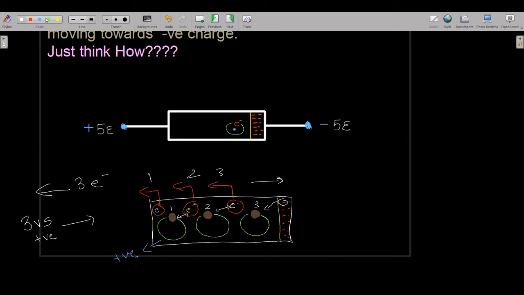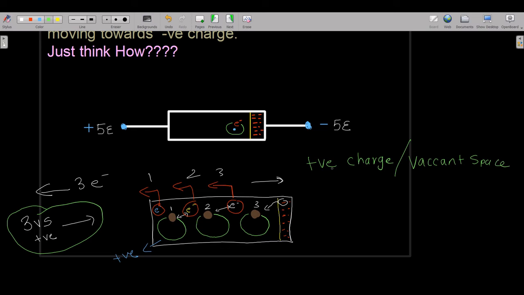And this positive charge or vacant space, which we see from the microscope, or forget about the microscope, this positive charge moving towards negative charge, or basically what we term as voltage or volt.